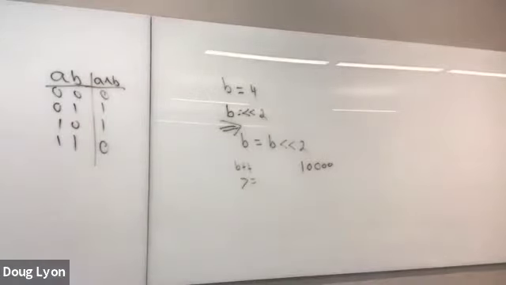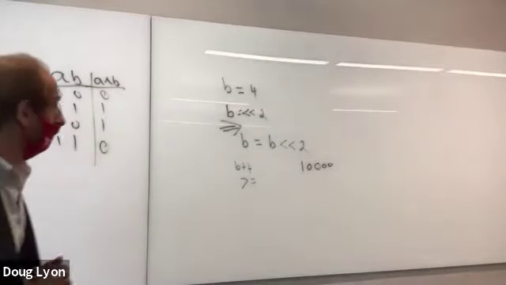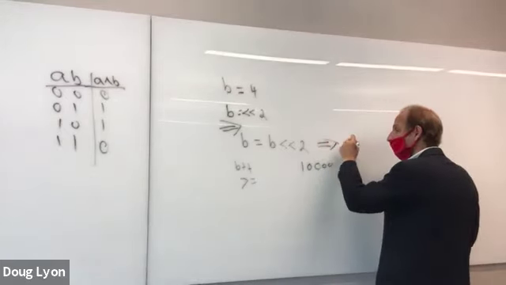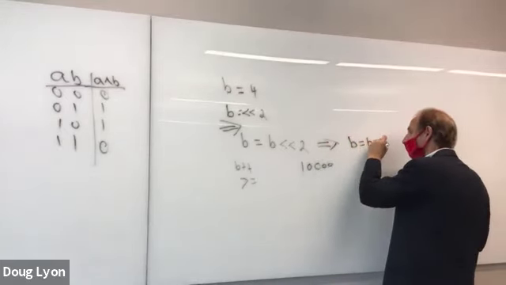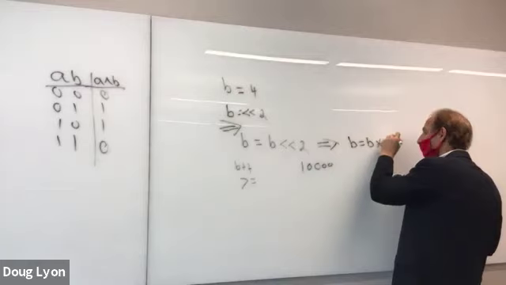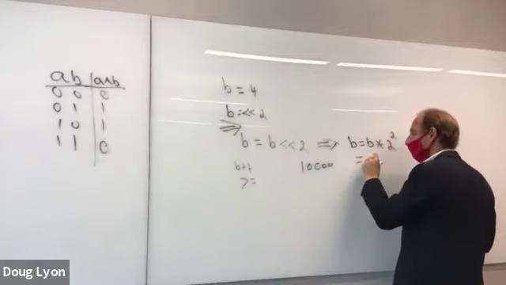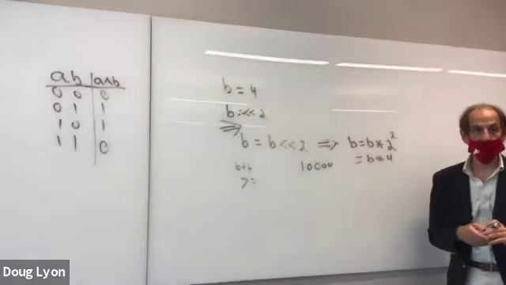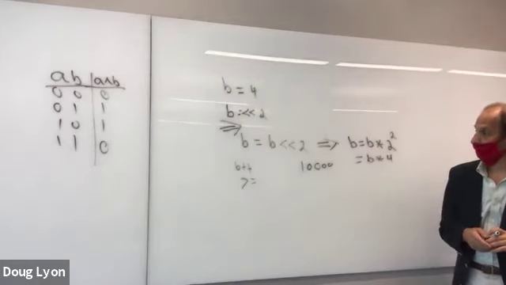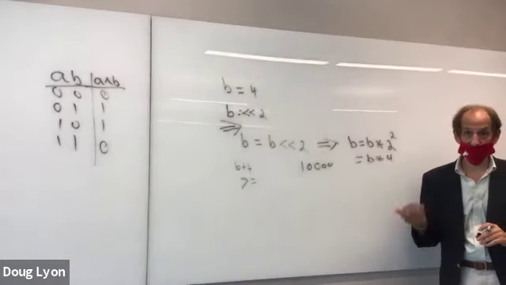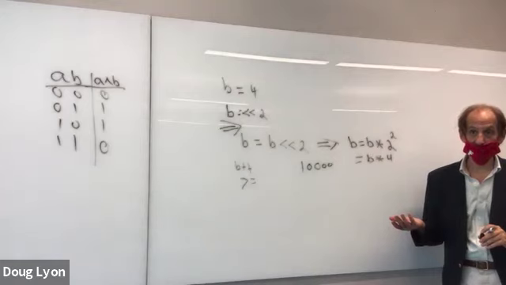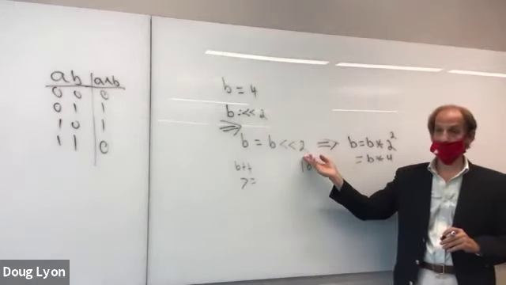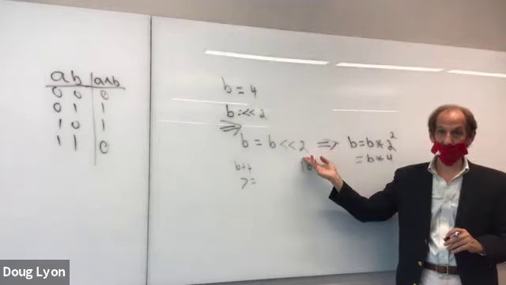So right, but operationally, as in mathematically, what would it do? Well, this is equivalent to B equals B times 2 to the 2, which equals B times 4. So if it was shift 4, then it'd be the same as 2 to the 4, which is 16. So you're just changing the power of 2. This is always using powers of 2 because the underlying representation is binary. I see.